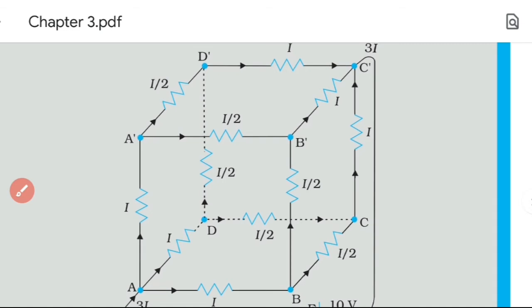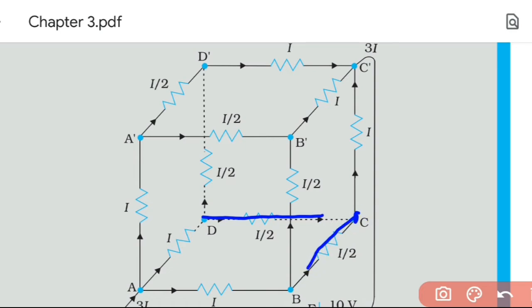Now again, when these currents reach the other junctions, when the current in the branch BC reaches C, it is joined by the current from D, that is I by 2.